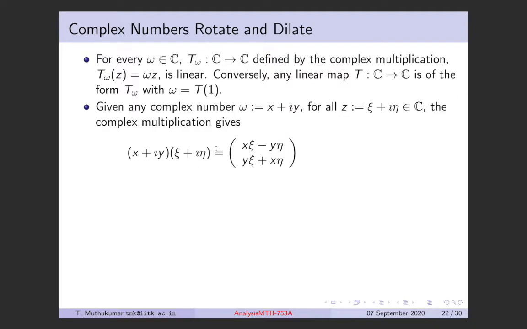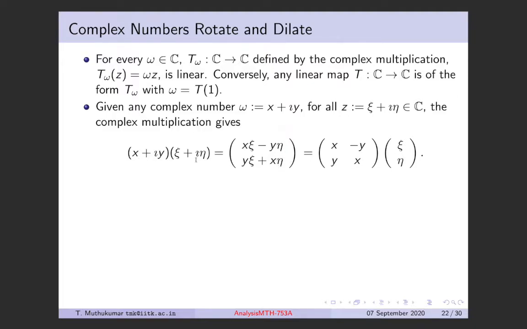So the complex multiplication of these two complex numbers is this complex number. This complex number can also be seen as this matrix acting on xi and eta. Right? So this matrix acting on this is precisely this.